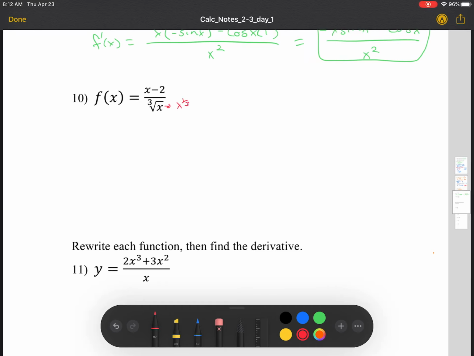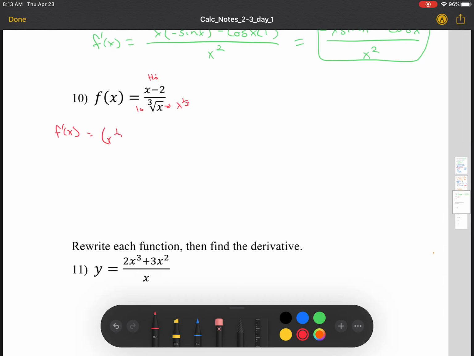Looking at 10. Also remember the cube root of x, that's the same thing as our x to the 1/3. All right, so we have our high and our low. So now we're taking the derivative. Don't want to make that negative.